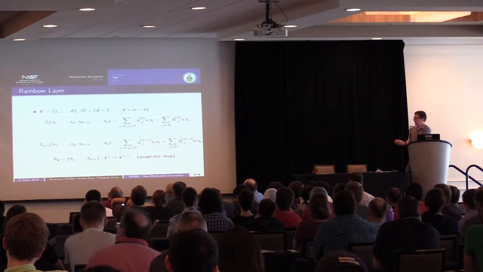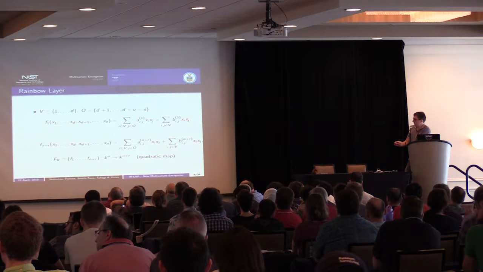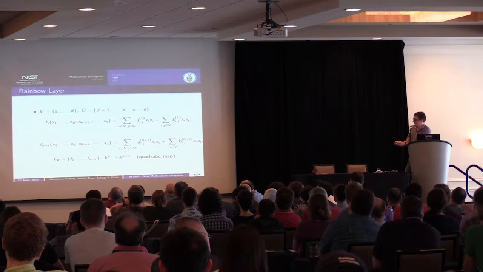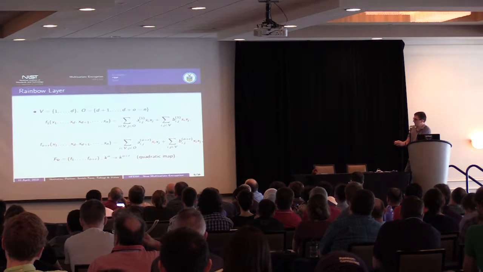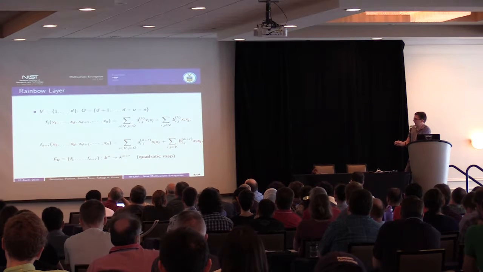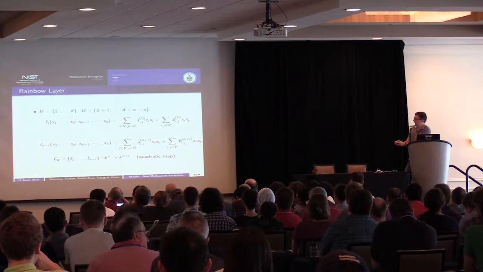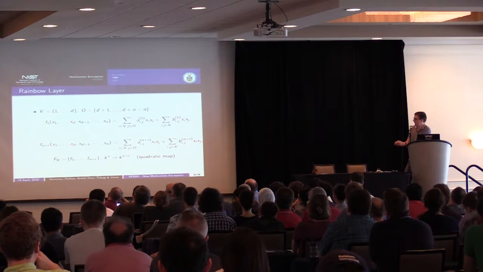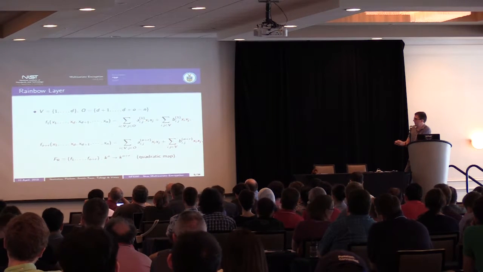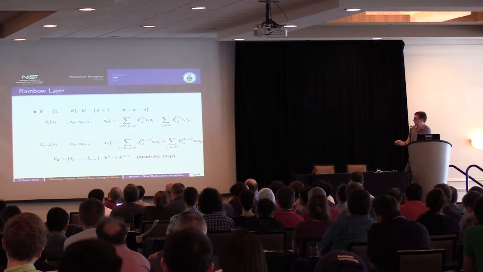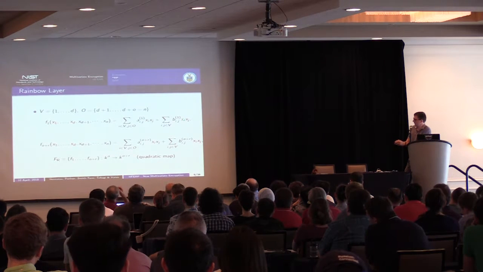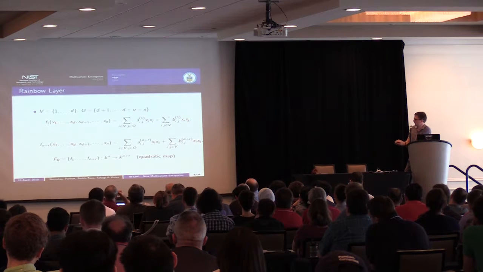The rainbow layer, if you look at the red variables here, these are the vinegar variables. So these are the vinegar indices, 1 through D, and these are the oil indices. The vinegar variables in the rainbow layer are the only ones that occur quadratically in the map. So over here you can see in red, it's kind of hard to see on this projection, these are vinegar variables, so we have terms that are quadratic in the vinegar variables.